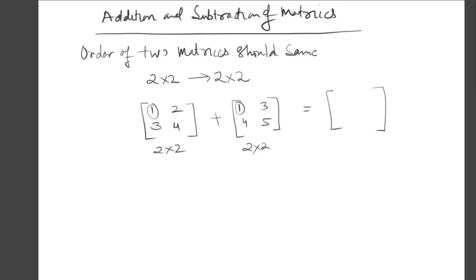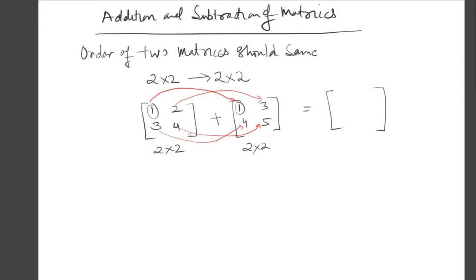So this 1 will be added to this 1, this 2 will be added to this 3, this 3 will be added to this 4, and this 4 will be added to this 5. So you see, we are dealing at an individual element level. That is why the order of the matrices is very important, so that every element is dealt with individually.